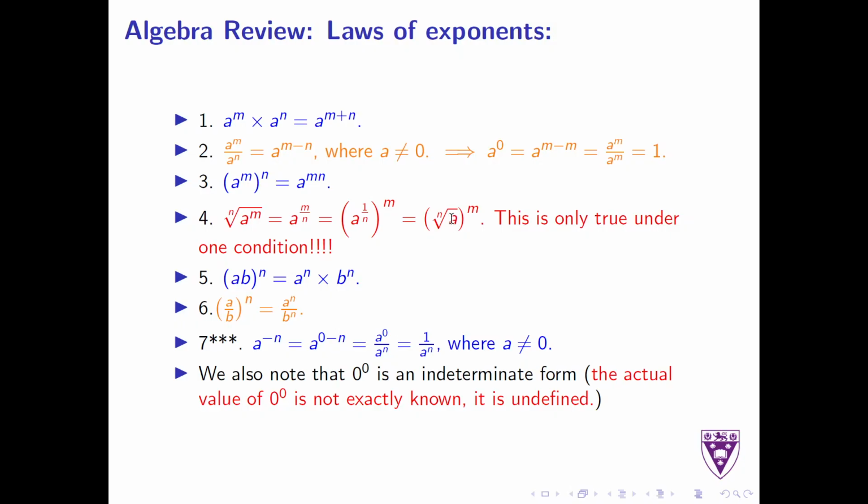But if a is negative, then you know that, for instance, for the nth root, if n is even, we'll get an undefined or an imaginary number. So in that case, we can say that this rule is not going to be satisfied, because this might be defined, but this is not defined.